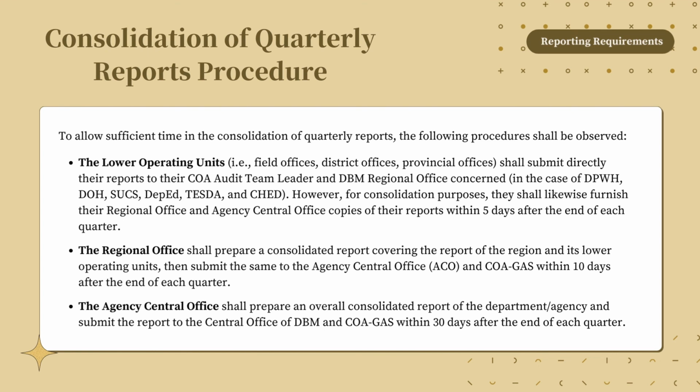In case of non-submission of the said reports, payment of salaries of the concerned budget officer or head of budget unit and the chief accountant or head of accounting unit, or their authorized representatives, shall be automatically suspended from the time the reports are due until they are received by COA and DBM.